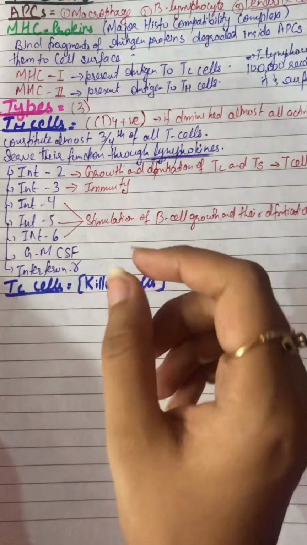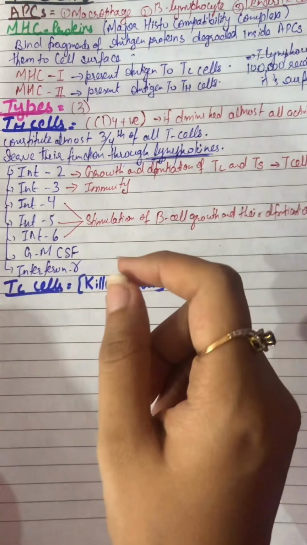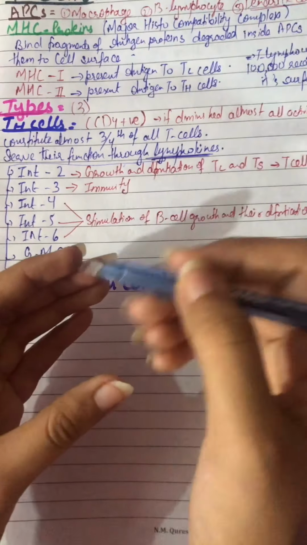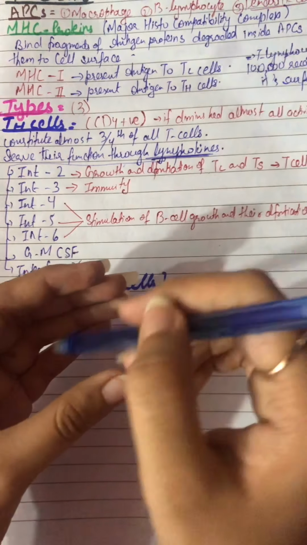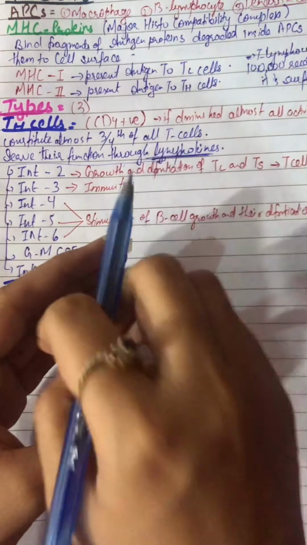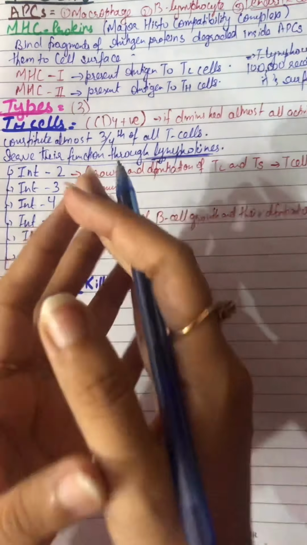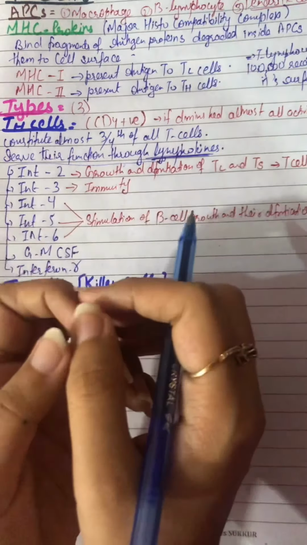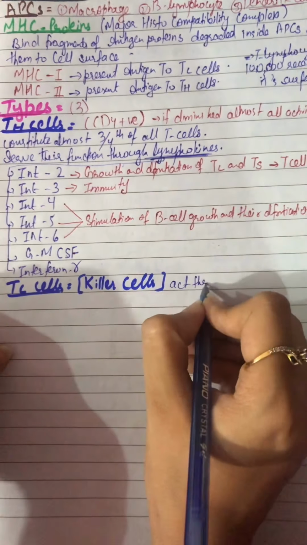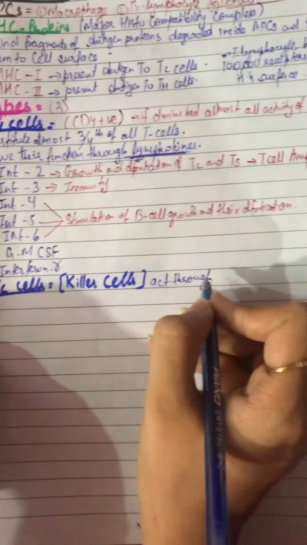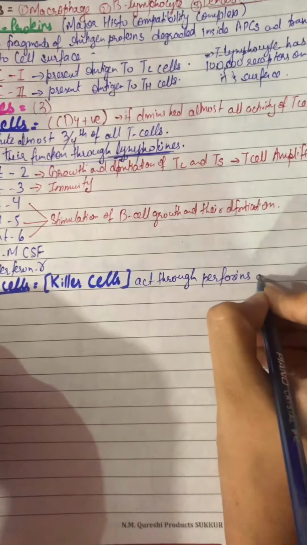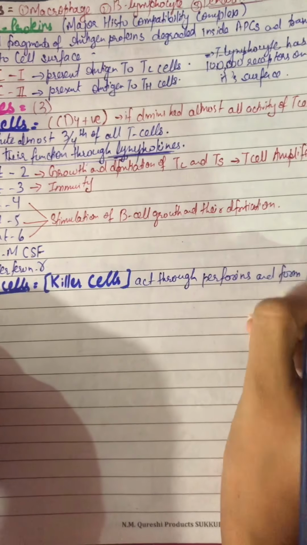They basically form holes by releasing the perforin proteins into the microorganisms, and thus forming the pores, and a lot of water then goes into the microorganisms, and then the microorganism swells and bursts. Right, so they act through perforins and form pores.